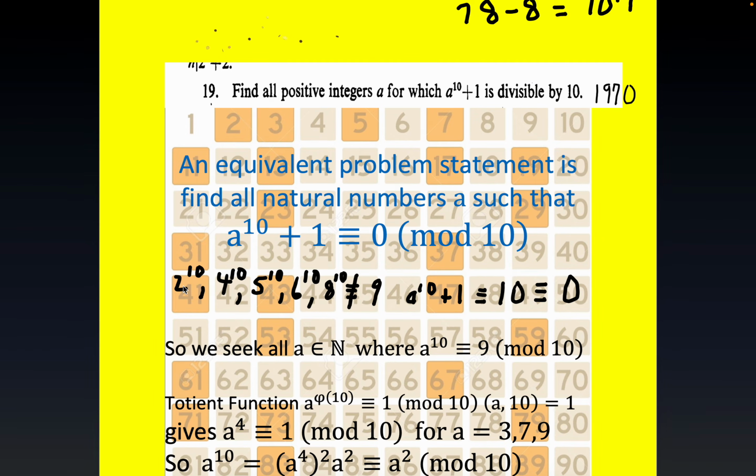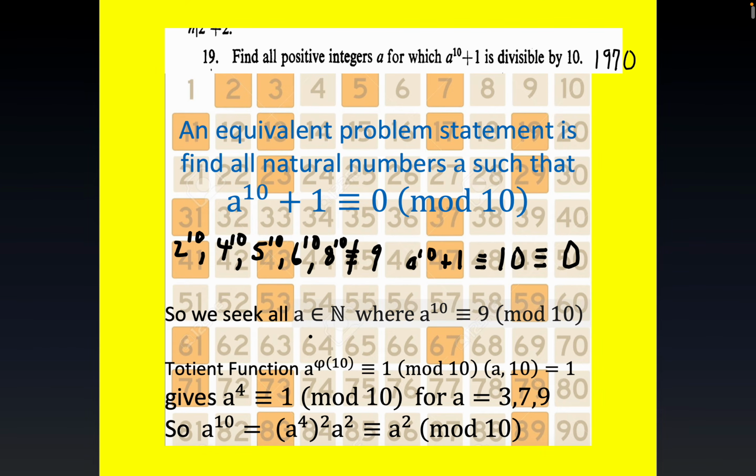If you raise any of these numbers, 2, 4, 5, 6, or 8 to the 10th power, there's no way that's going to end in 9. So we really don't have to worry about those as possible solutions. That eliminates quite a bit from the very beginning. Now, from this point on, all we have to do is consider the numbers 3, 7, and 9. Those are the only ones that are excluded from the list I just gave you.